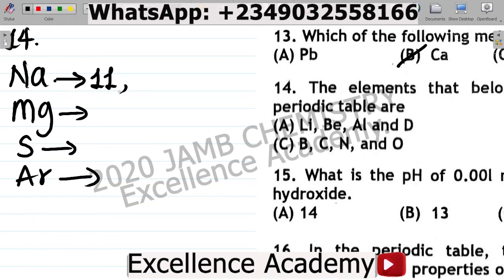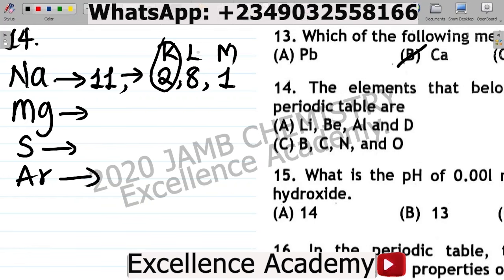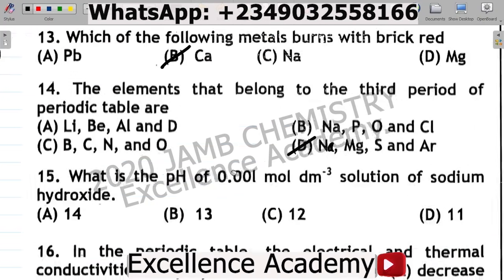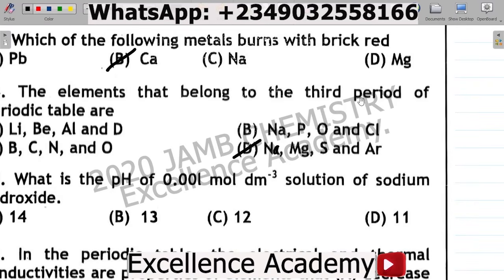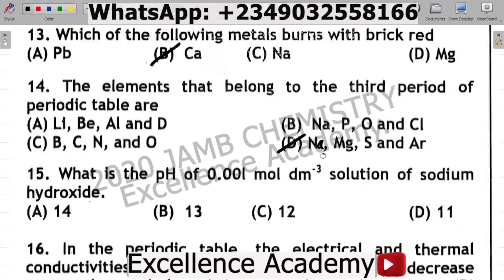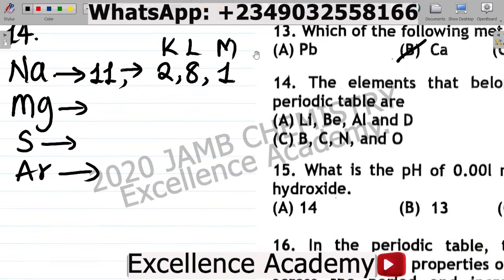If I do my electronic configuration using the K, L, and M shells, that becomes 2, 8, 1. You want to observe that this has three shells, the K shell, the L shell, and the M shell. So you have three of them, and that's why it's said to be in the third period. You'd have just three shells, as you can see, K, L, M.